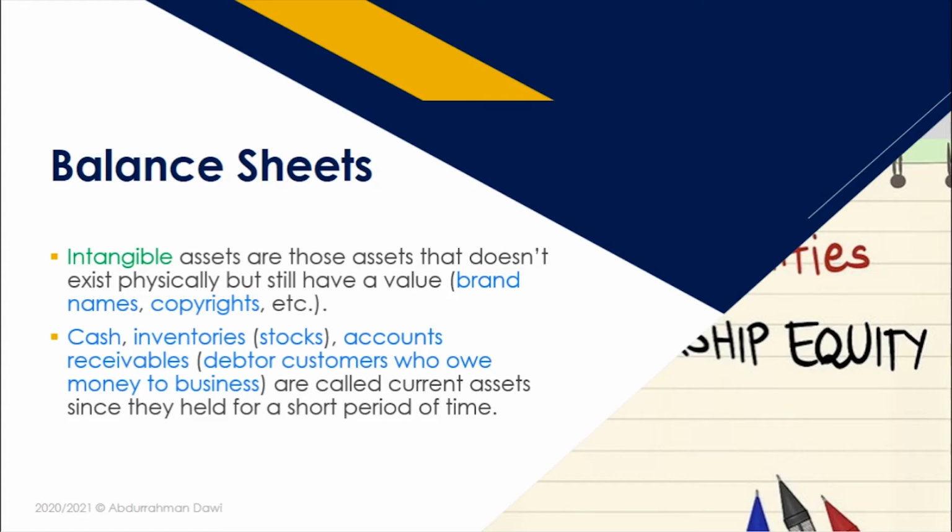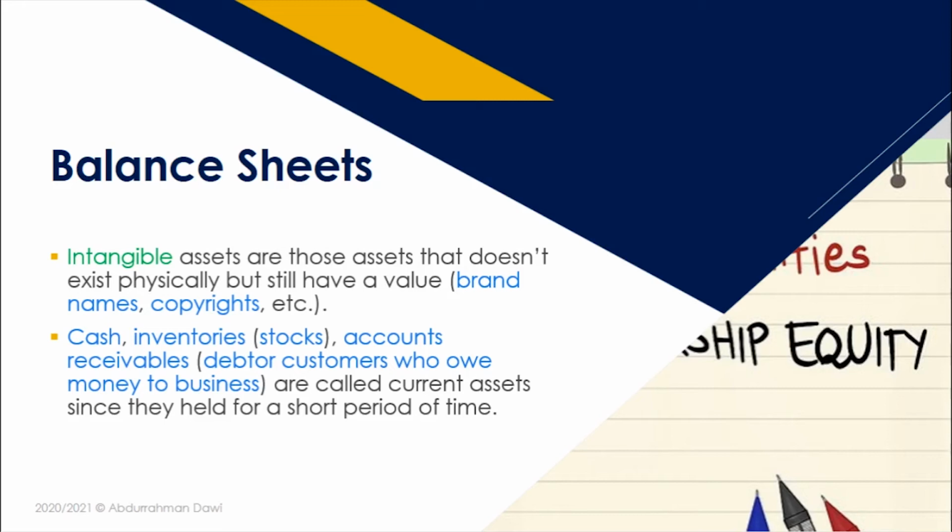All these are considered current assets, guys, because the difference between the current assets and the non-current is that they will be there for a short period of time. You cannot say that the cash or the inventory can last for more than a year, like the building and the car, because these things are movable. They keep changing.